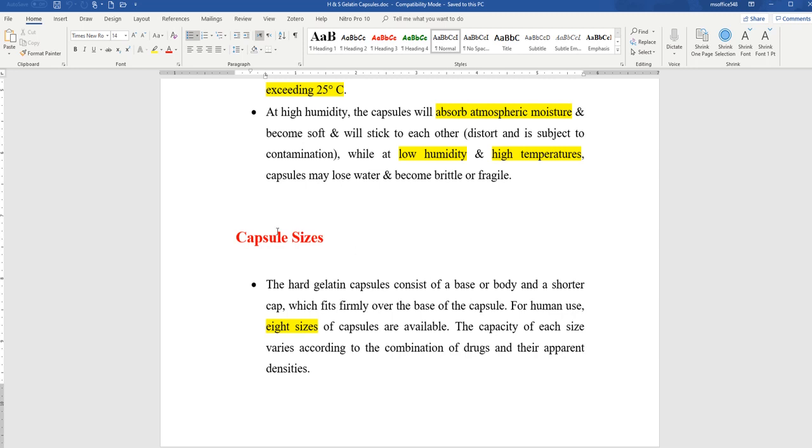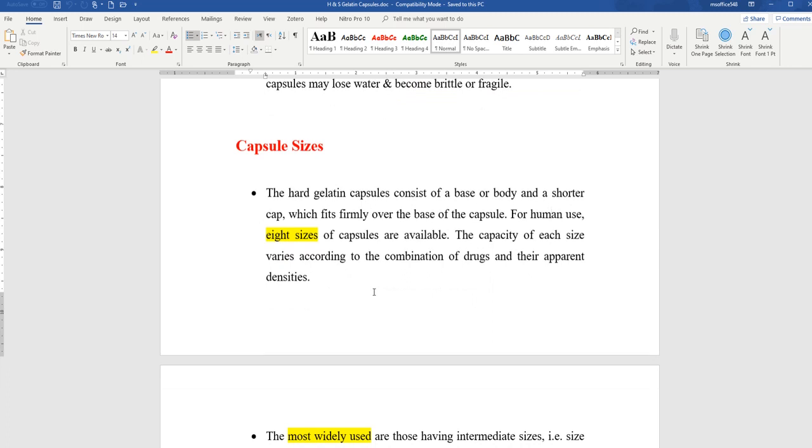storage condition. Now, capsule sizes. So do we have different sizes for capsules? Yes. For human use we have 8 sizes. Why I said that for human use we have 8 sizes? Because we have also capsules for animals that can be larger than the sizes we have for human.